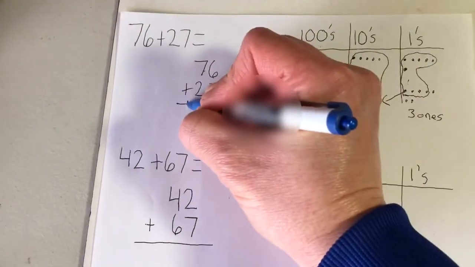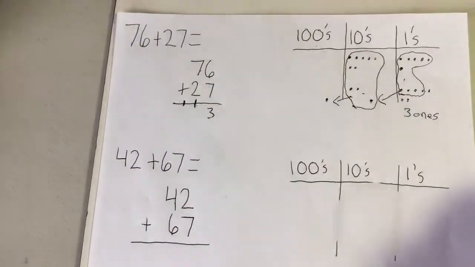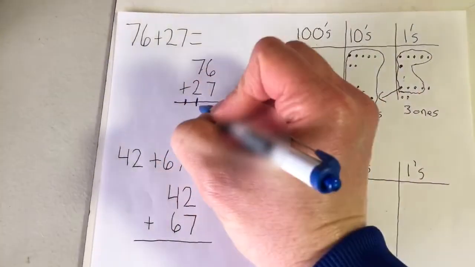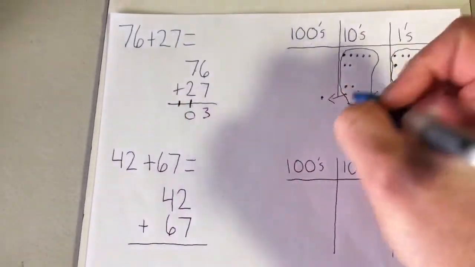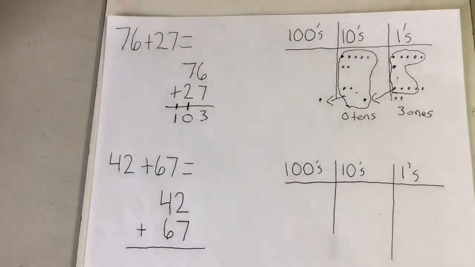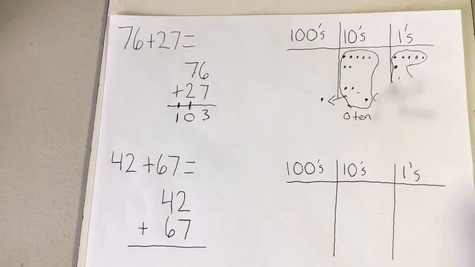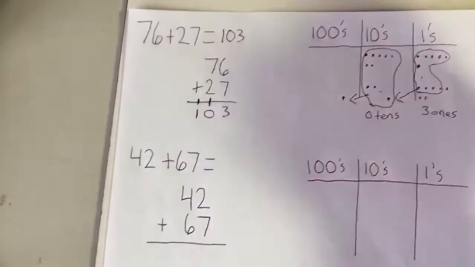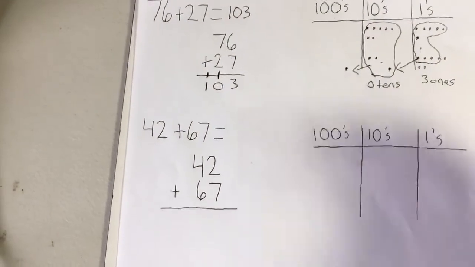So there I look at my algorithm, and I put a 1 in my hundreds place. So now I have 0 tens. That's 0 tens. And I have 100. That's my 100 right there. So my answer for 76 plus 27 is 103. Great.